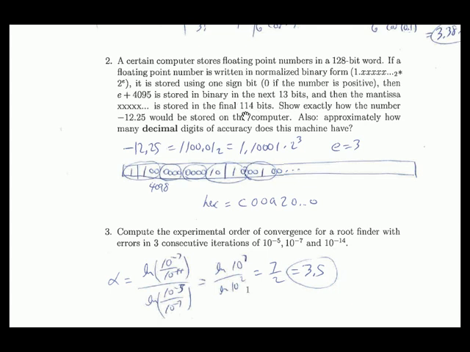Actually, if you try to do that in your calculator, it'll underflow because that's too small a number. But I just multiply the 114 by 0.301, because that's log of 2 over log of 10. So I use a little trick to convert it, and it comes out to about 34. So the answer is about 34 decimal digits, so it's about twice as accurate as double precision on this fictional computer.